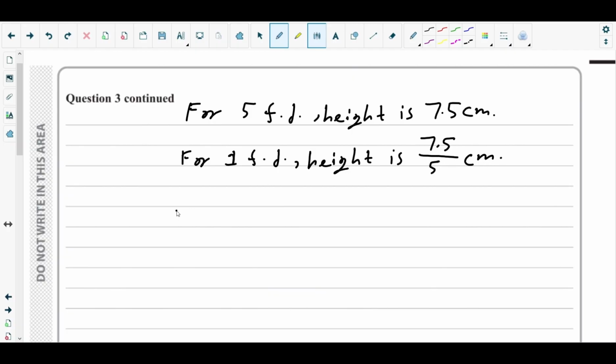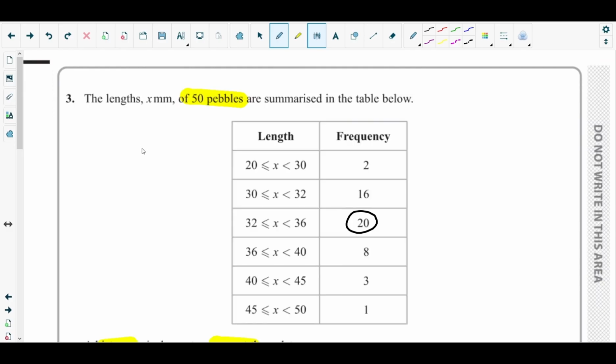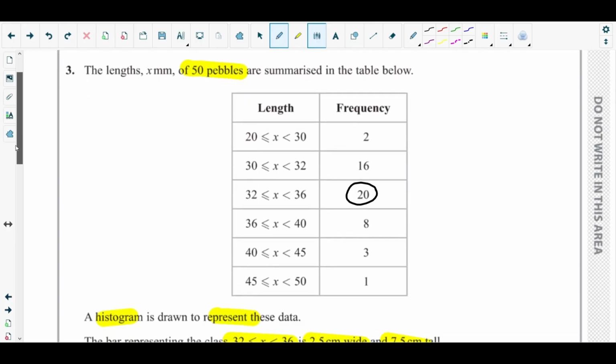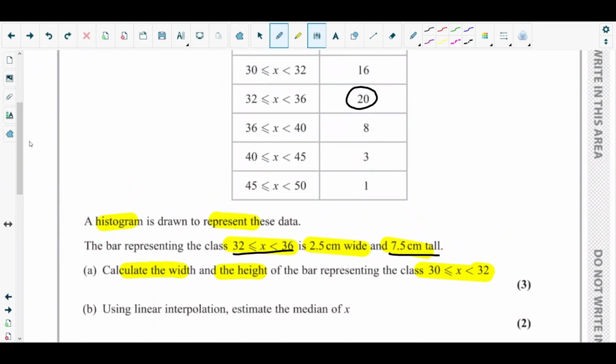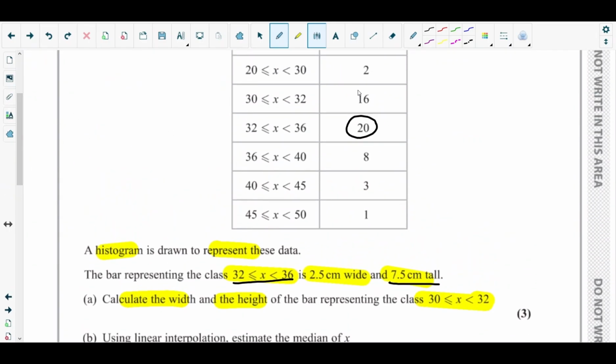Fine. Now the class for which the question asked, let's find out the frequency density of that class. That class is 30 to 32, and the frequency is 16. So 16 over 2, that is 8.